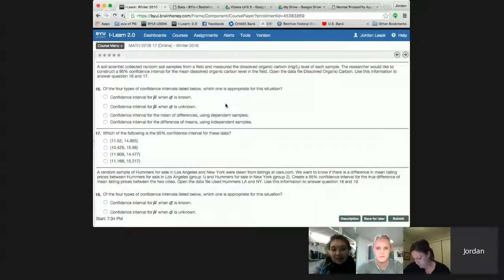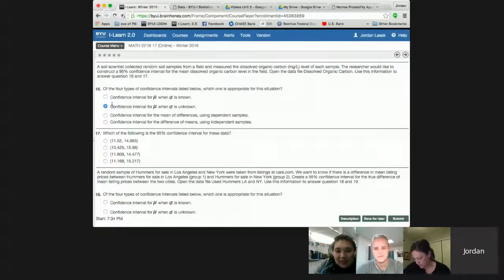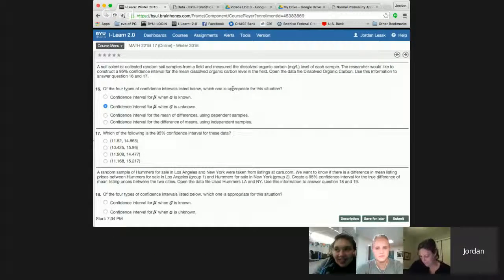Right. I would agree with that. So sigma is unknown, and there's only one set of data. So I think it's B. I think you're right, because we'd have to have 2 sets in order to be C or D, right? Yes. Right. Okay, that was actually easier than I thought.